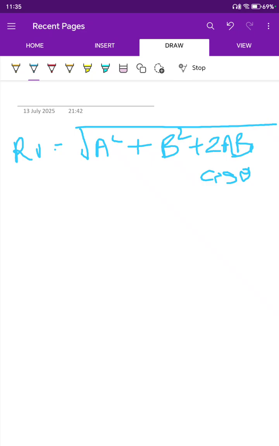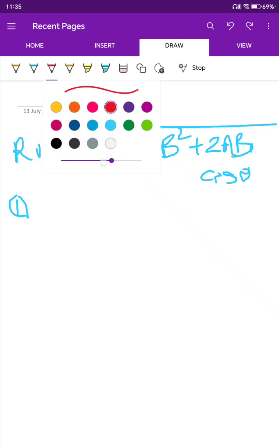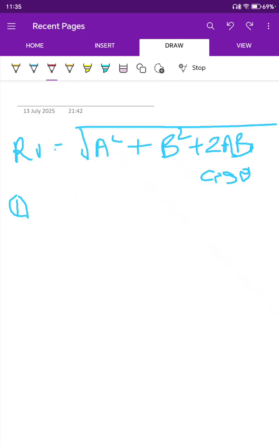Suppose first we take theta equals 0. Okay, so what will the answer be?